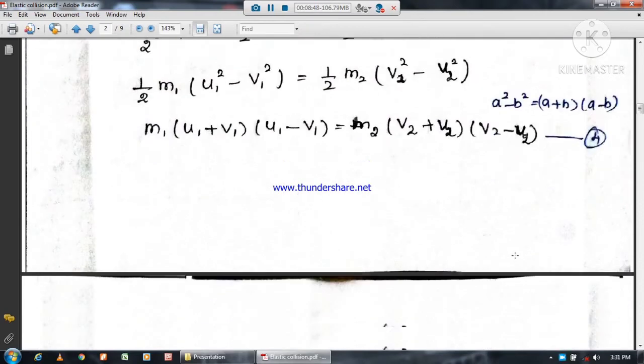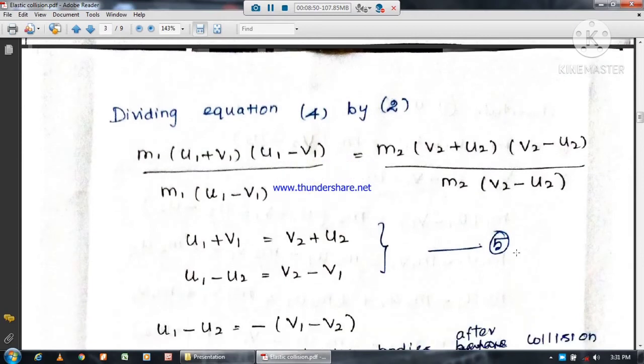Now we divide this equation number 4 by the equation of momentum. We get m1 into u1 plus v1 into u1 minus v1 divided by m1 into u1 minus v1 is equal to m2 into v2 plus u2 into v2 minus u2 divided by m2 into v2 minus u2.